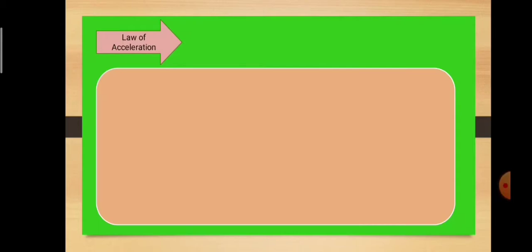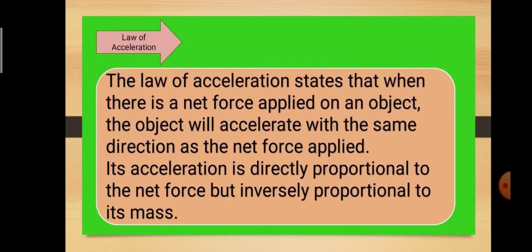So the second law, the law of acceleration, states that when there is a net force applied on the object, it will accelerate in the same direction as the net force applied.